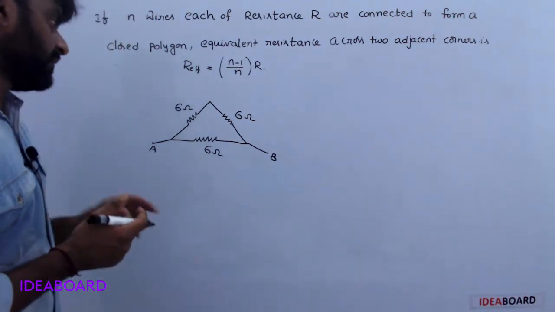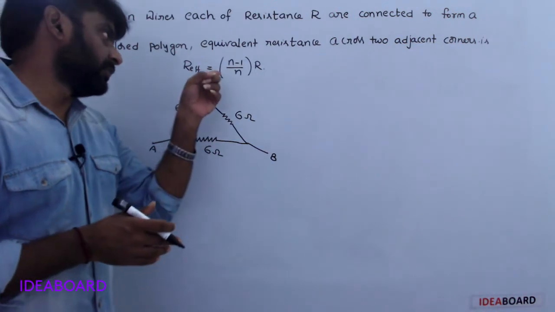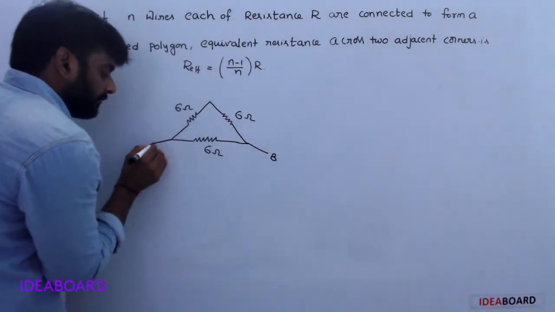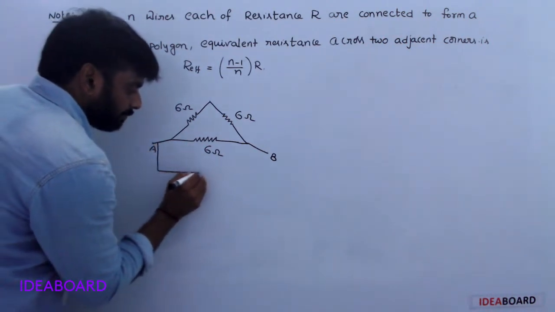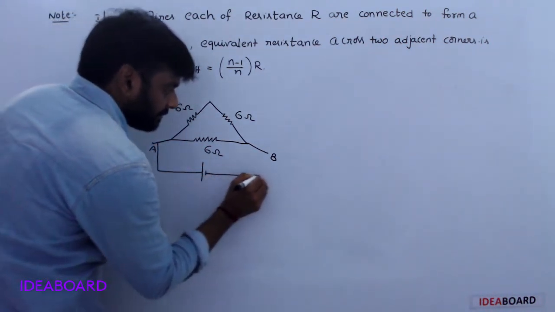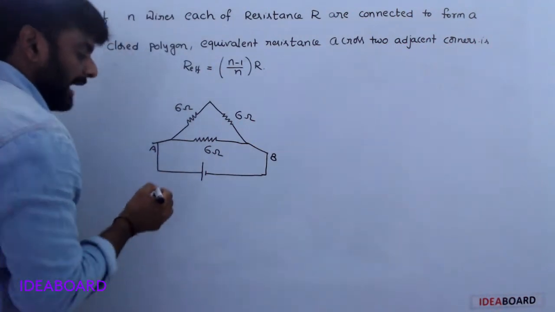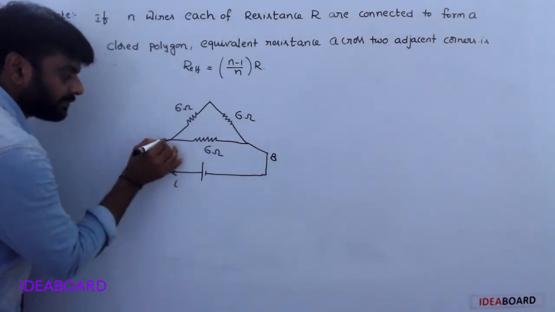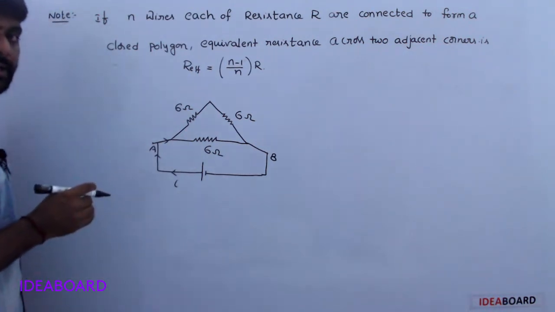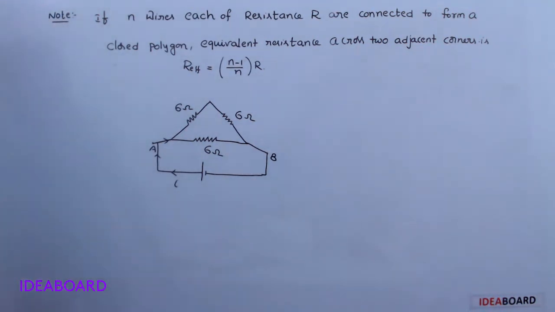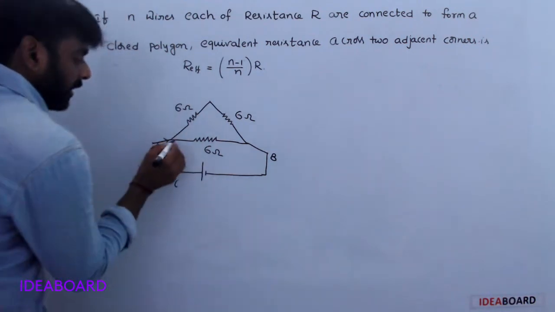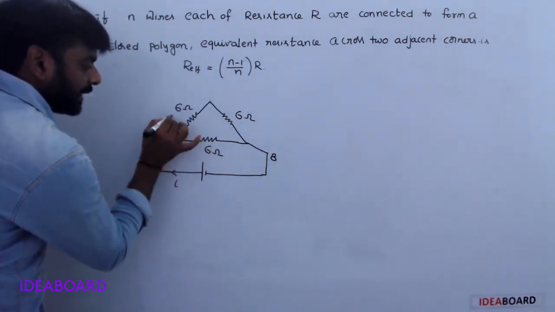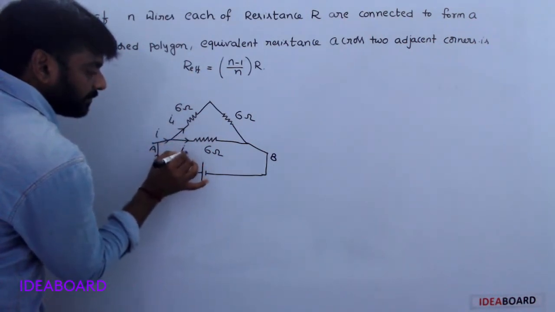First of all, the general method, without using this formula. For example, a battery is connected here, which means the passing current is I. Now this current splits into two parts, I1 and I2.